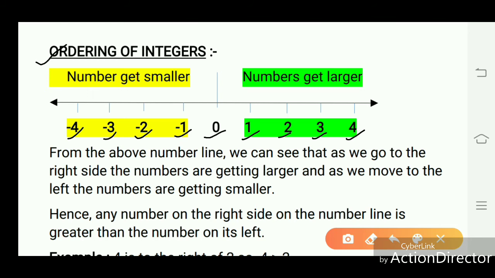So the negative integers on the left hand side of the 0 are smaller, and the numbers on the right hand side of the 0 are larger.